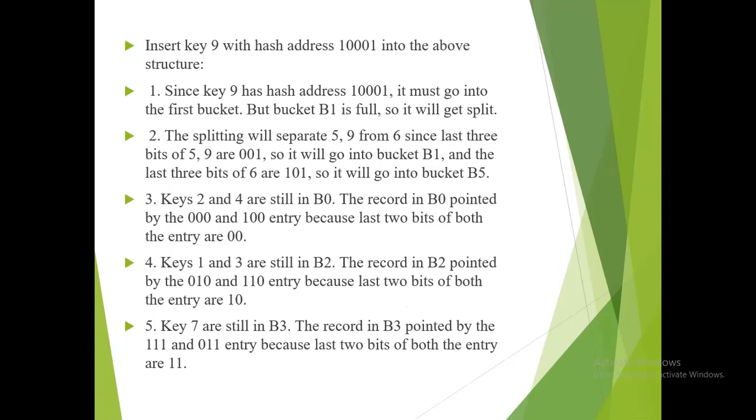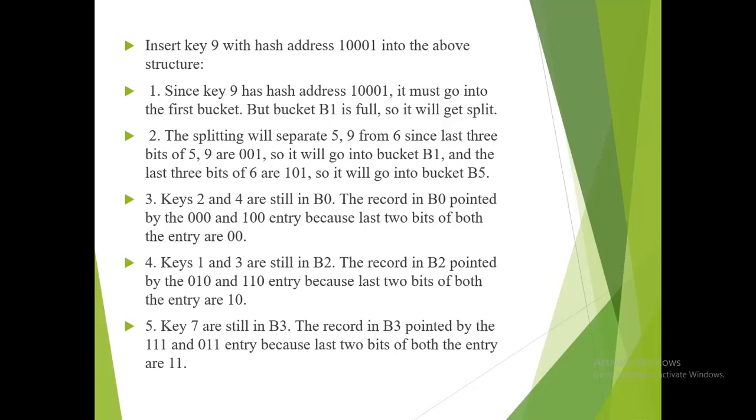The splitting will separate 5 and 9 from 6, since the last 3 bits of 5 and 9 are 001, so they will go into bucket B1, and the last 3 bits of 6 are 101, so it will go into bucket B5.